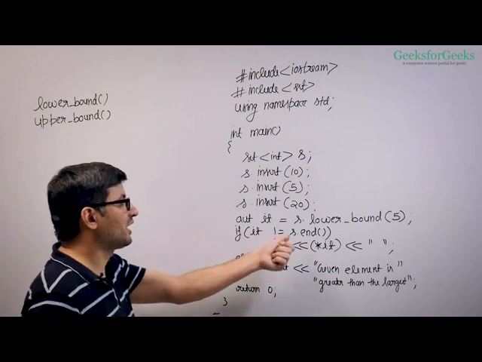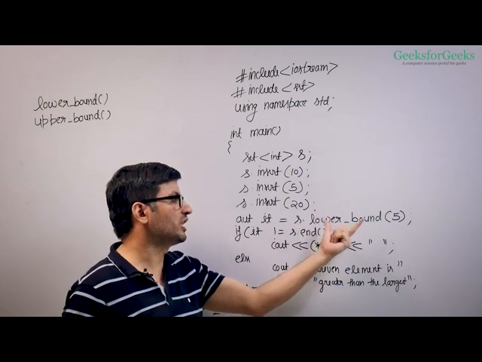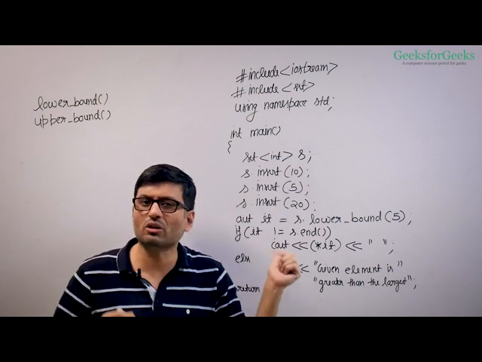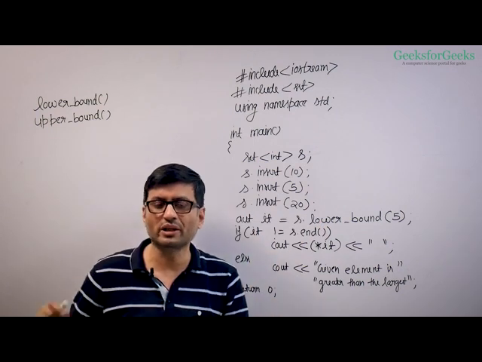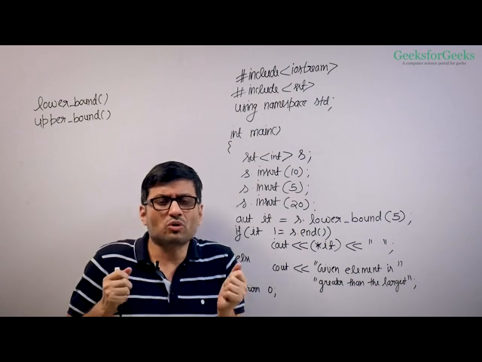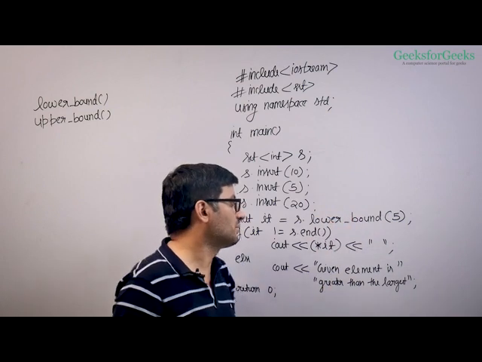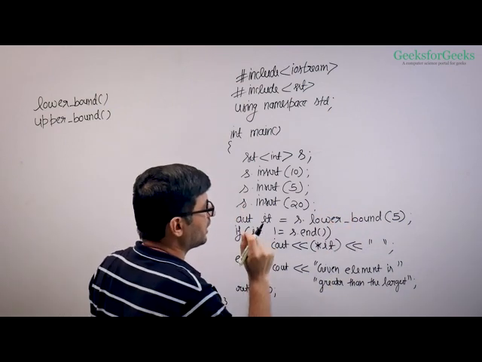So if you have a set, it's better to use the member function, because then you will not have to pass parameters. You can call the generic lower bound on a set also, because set allows you to iterate that way. But if you want to call lower bound on a set, why not use the member function to avoid passing parameters? Okay, let's see how this lower bound function works.